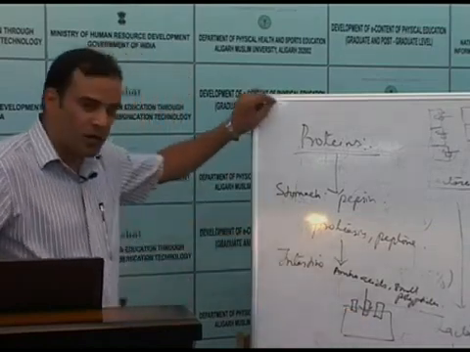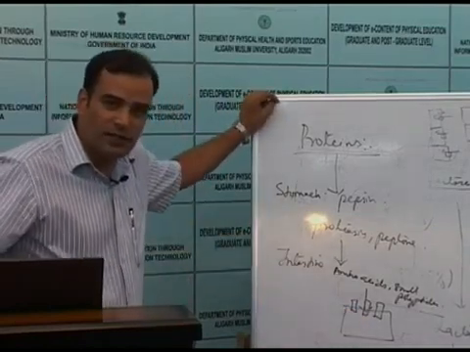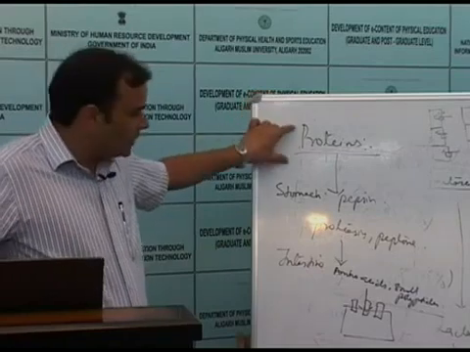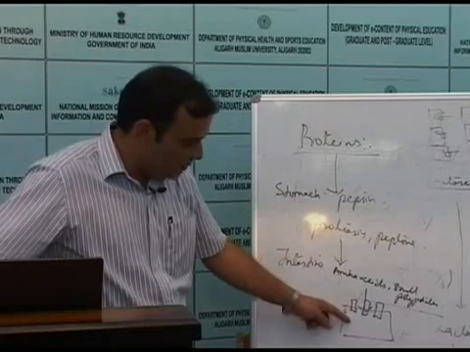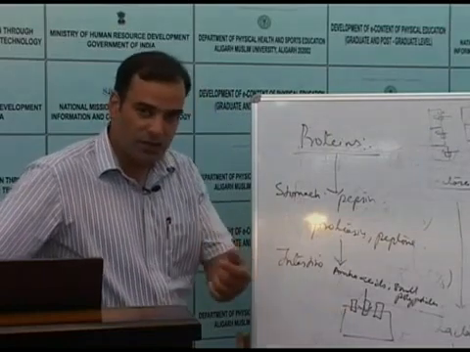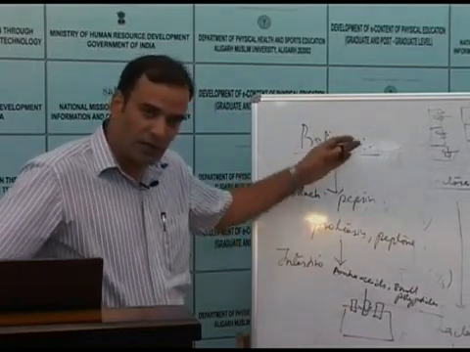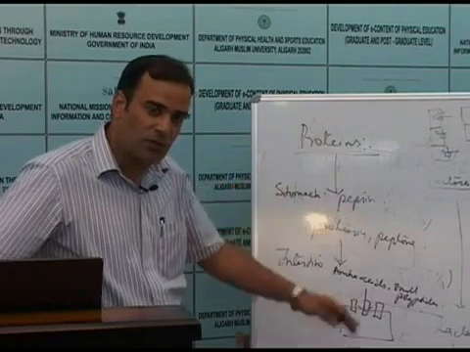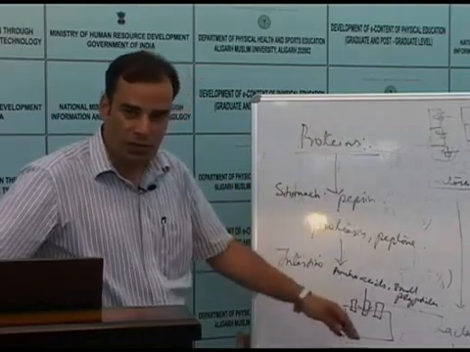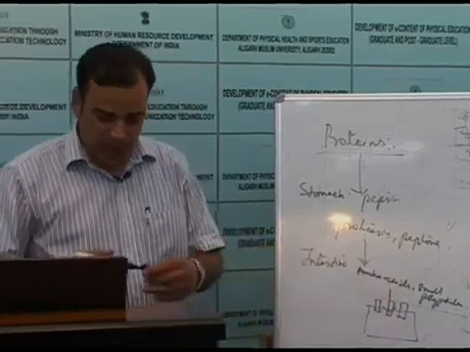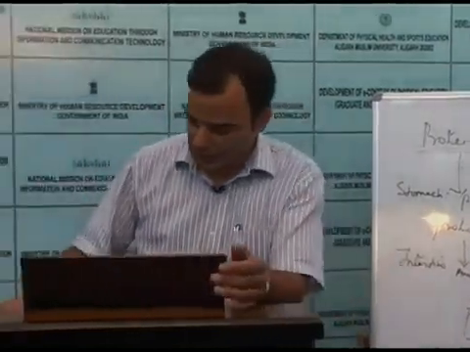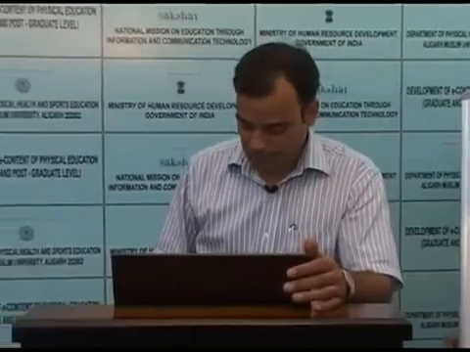So the end product of protein digestion is amino acids. Proteins are large chains of amino acids, and here we get very small amino acids. In this way, proteins are broken down into smaller molecules, and this smaller molecule, that is amino acid, can be utilized by our cells.